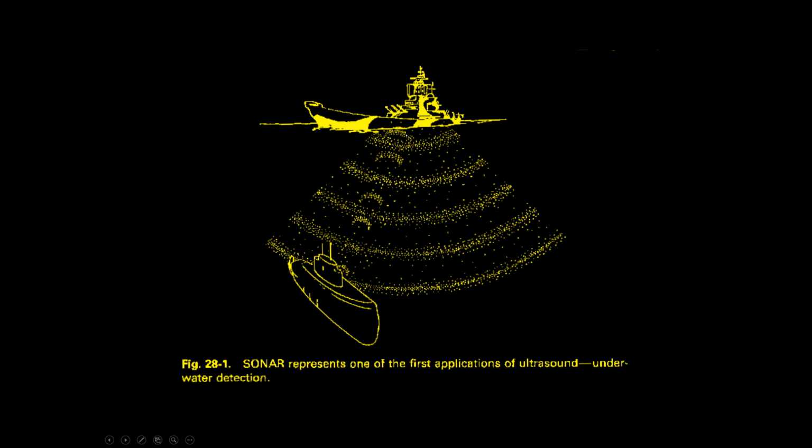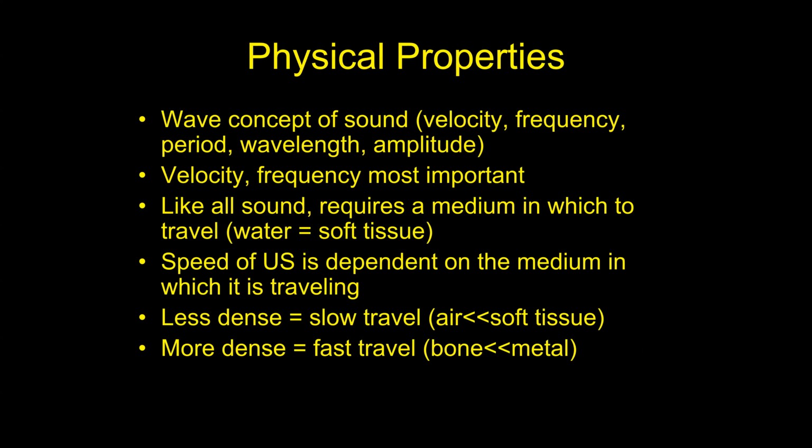That transducer on the bottom of the boat then would pick up that sound, detect it, and convert it into some type of useful information. And of course, for medical imaging, the computer inside that fancy machine converts that sound into an anatomic picture of that organ. It's pretty amazing when you think about it.